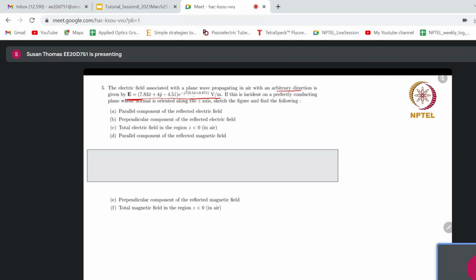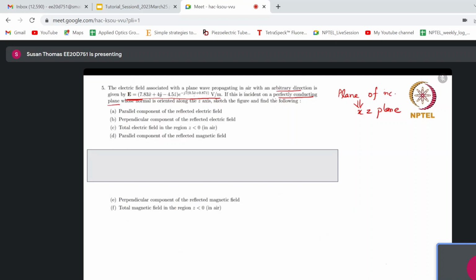And you see the wave vector has x and z components. So it is clear that the plane of incidence is the xz plane. If this plane wave is incident on a perfectly conducting plane, here we have an air-perfect conductor interface.